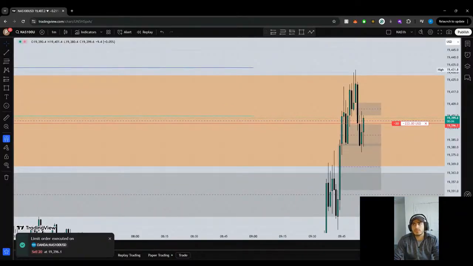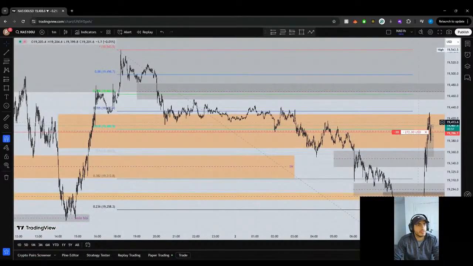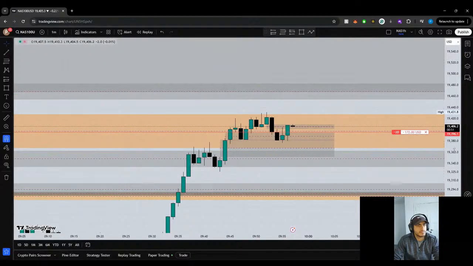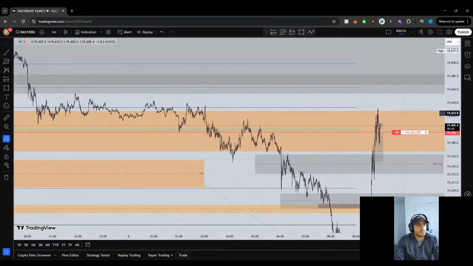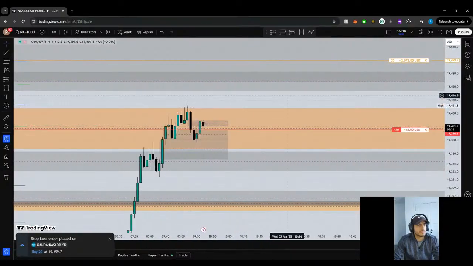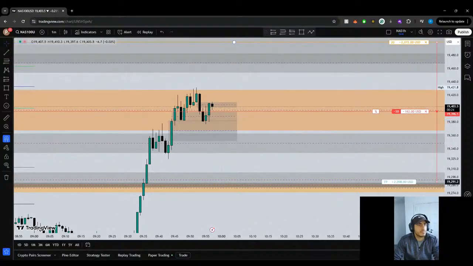It's going to be a bigger trade though. This will definitely be a bigger trade. So this is going to be a 1-to-1, right above the first presented fair value gap.